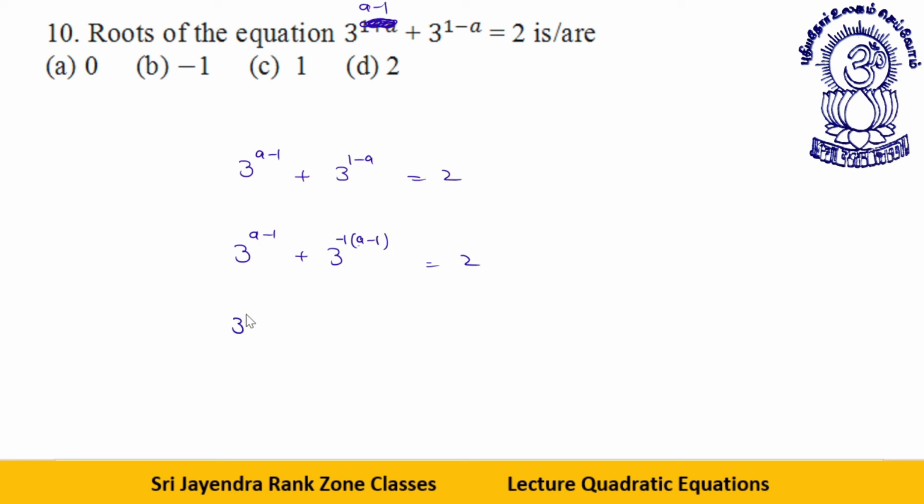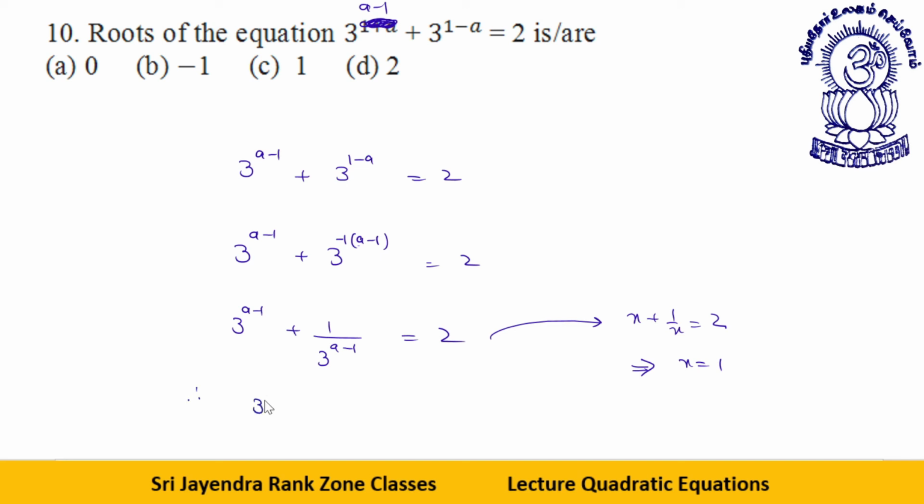Or I can say this as 3 to the power a minus 1. I won't be dealing with it by quadratic, I will be solving it by logic. Getting this here, this is x plus 1 by x is equal to 2. I have told you numerous times, we have done this in algebra and quadratic, x will be 1.